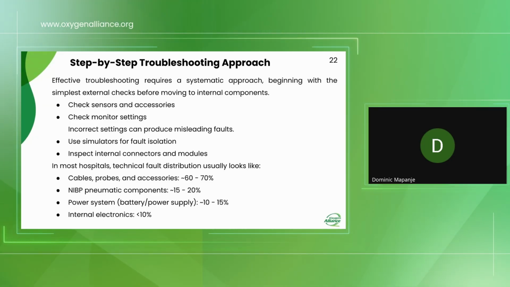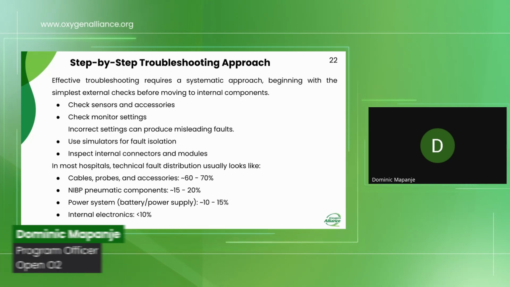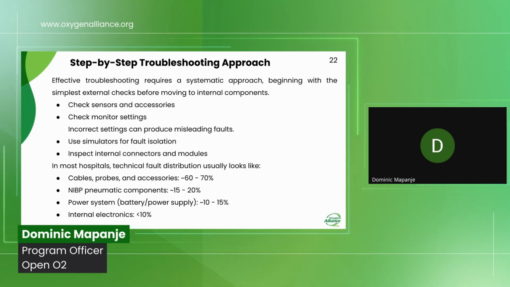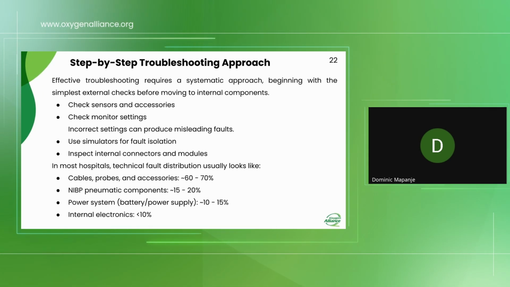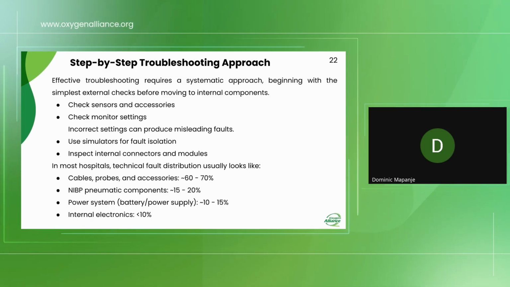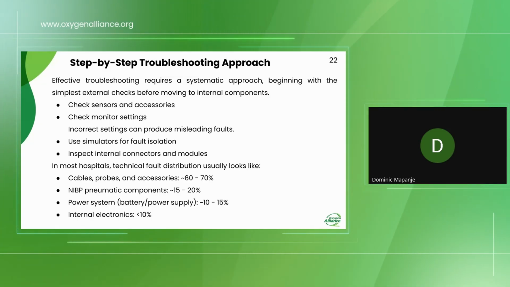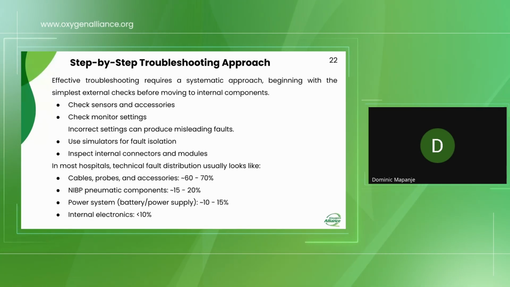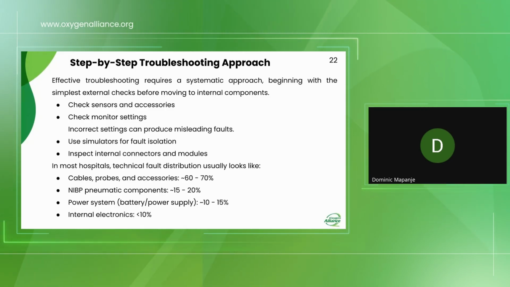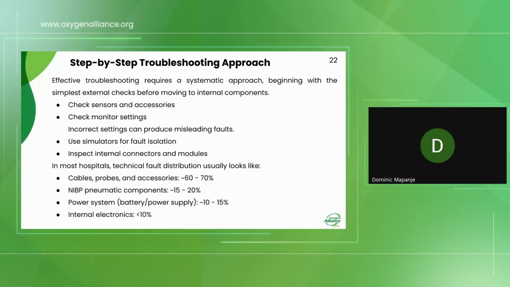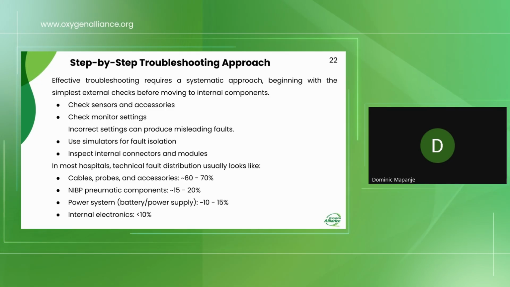Before we jump into those faults, we should talk about the troubleshooting approach that we as technicians or engineers should take. It is always recommended that a technician follows a structured troubleshooting process.